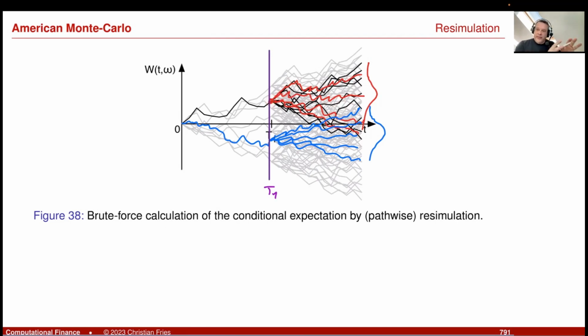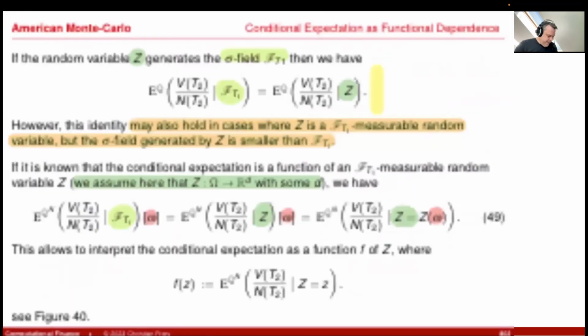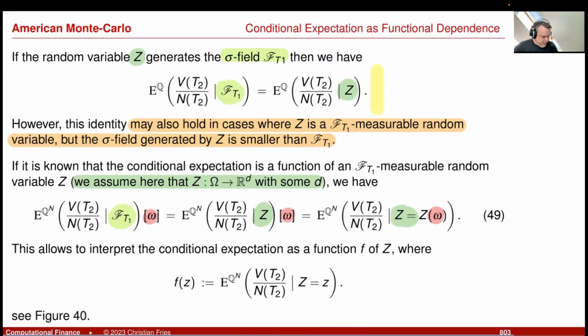So I condition on these sample paths, I condition on this set. So maybe you could call this guy here little z, yeah? So little z is now capital Z of omega.